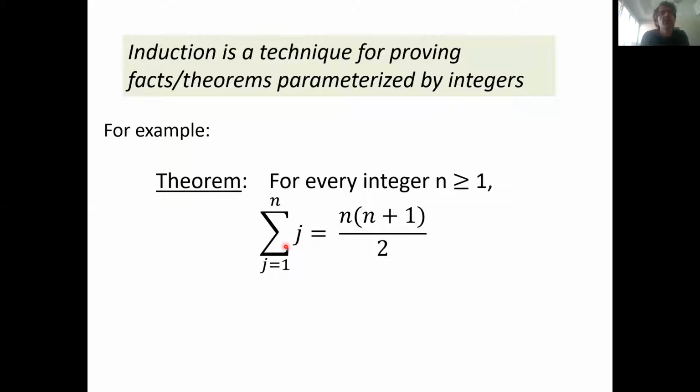Just j itself. So you're summing over a very simple sequence, an identity. The jth element of the sequence is just j itself, but it is a sequence.